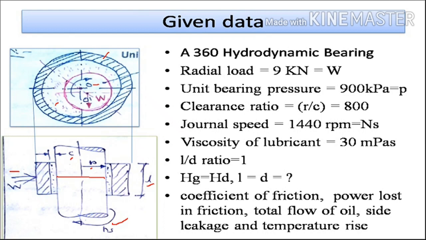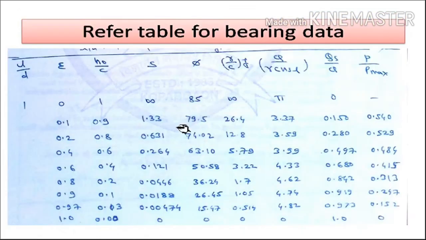With this data, they have specified this particular table. Raimondi and Boyd have solved the Reynolds equation, and they have come up with a solution in terms of certain dimensionless parameters for design of this hydrodynamic bearing.